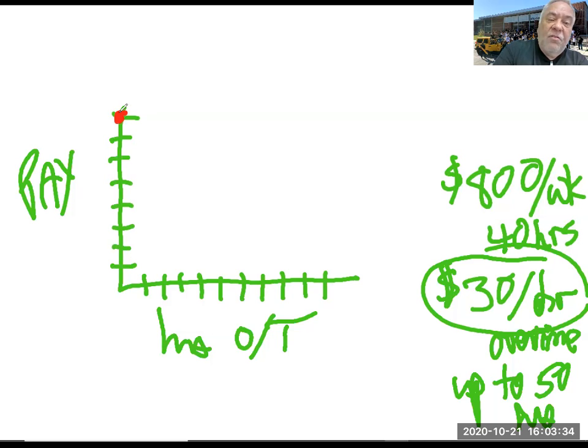Let's say this is 800 right here. So he starts out and he's getting overtime. He gets $30 an hour, up to 50 hours, for 10 hours. And this makes it $300.